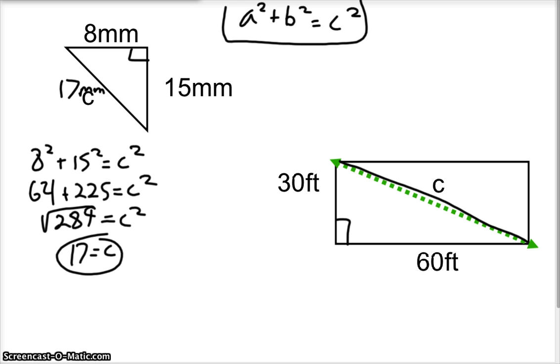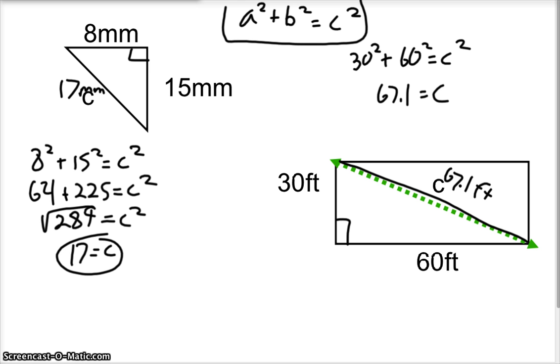Same problem, we plug in what we know. We have 30 squared plus 60 squared equals c squared, and when you get through all the math, eventually you'll get 67.1 equal to c. So it would be 67.1 feet. That's how long of a distance it is.